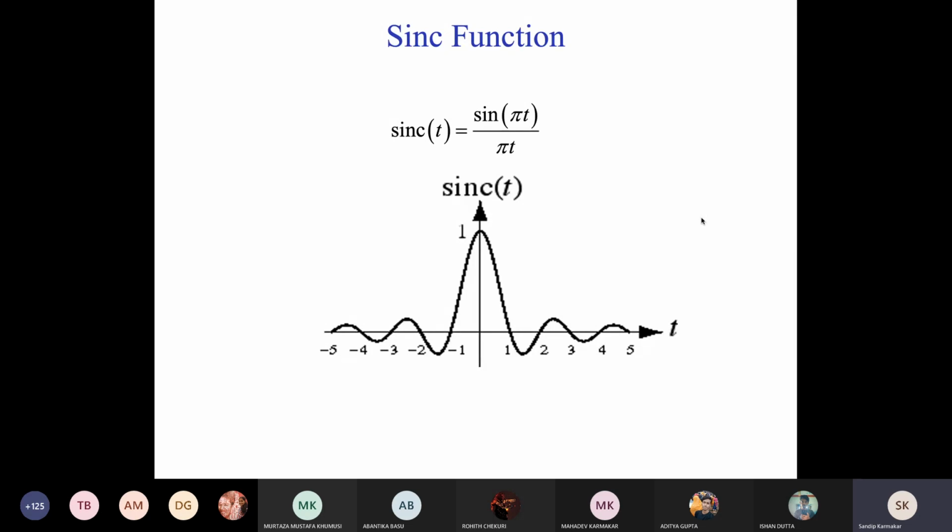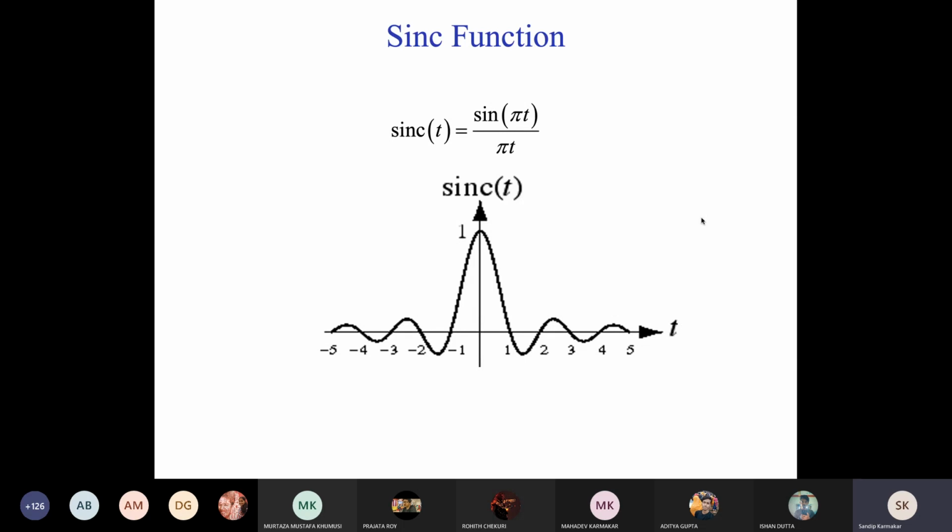What is the significance of the sinc function, sir? The sinc function is like a damping function. As you will see in a damping function, let's say you have a simple harmonic motion, let's say you have an ideal fork.